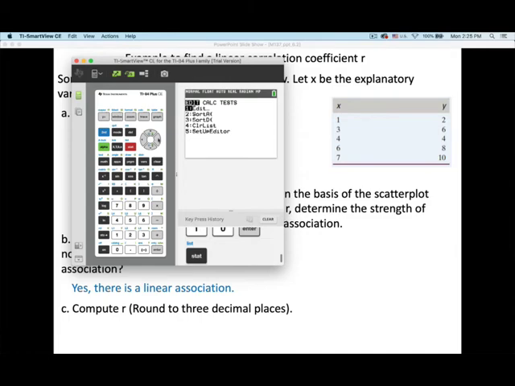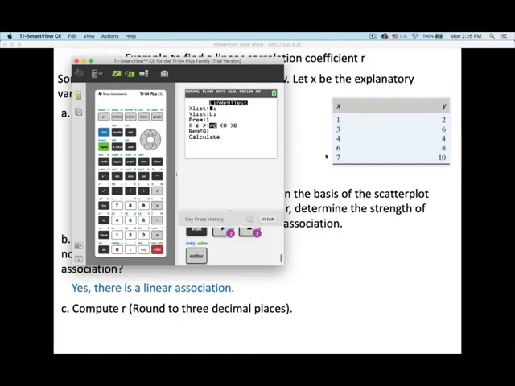Use the arrow button to go to the right, to TESTS. And then we're going to go up. You're going to find the linear regression t-test. Okay, linear regression t-test. Enter.